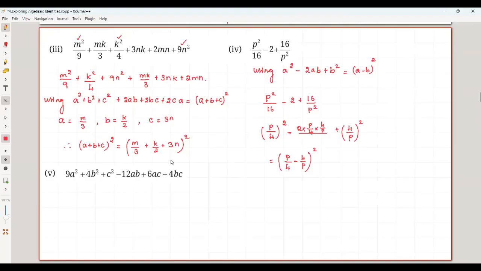Now, fifth question. By seeing this, we are going to use a square plus b square plus c square. But here in between minus is coming, so we should be a little careful. So here also I'm going to use a square plus b square plus c square plus 2ab plus 2bc plus 2ca is equal to (a plus b plus c) the whole square.